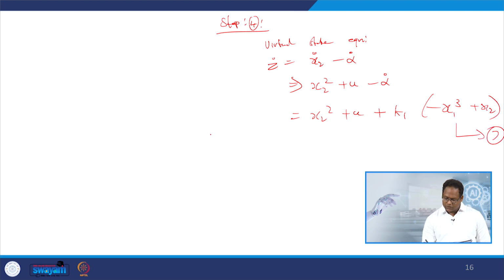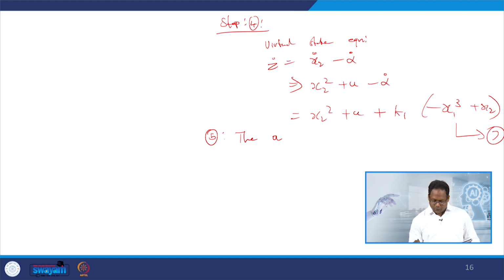And finally, we have step 5, the augmented Lyapunov function. We have seen the Lyapunov candidate for system 1, subsystem 1, and we also stated the virtual equation with the alpha value.